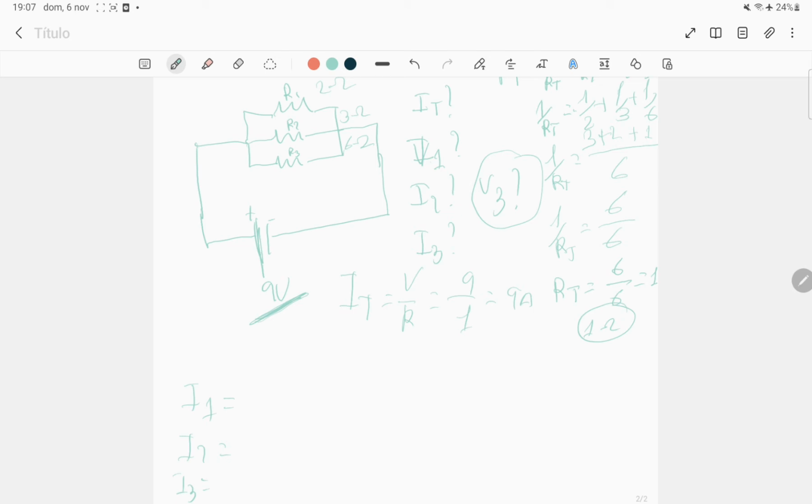Is V divided by R. R1 in this case, R2 in this case, and R3 in this. Okay, so V is 9 in every point of the circuit, divided by 2, and so V divided by R2 is 9 divided by 3, and 9 divided by 6.